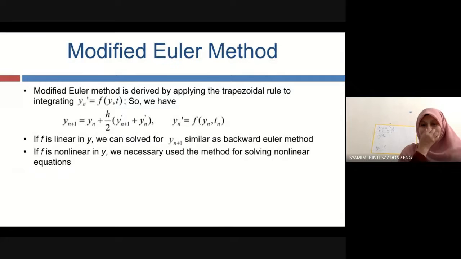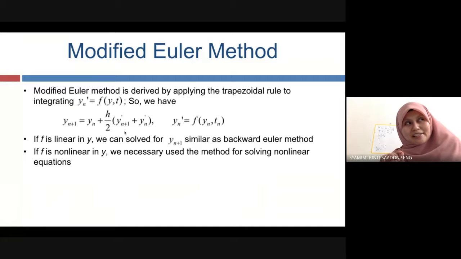The third one is the modified Euler method. This modified method applies the trapezoidal rule. The difference here is that we use both y_{n+1} prime and yn prime in the equation.